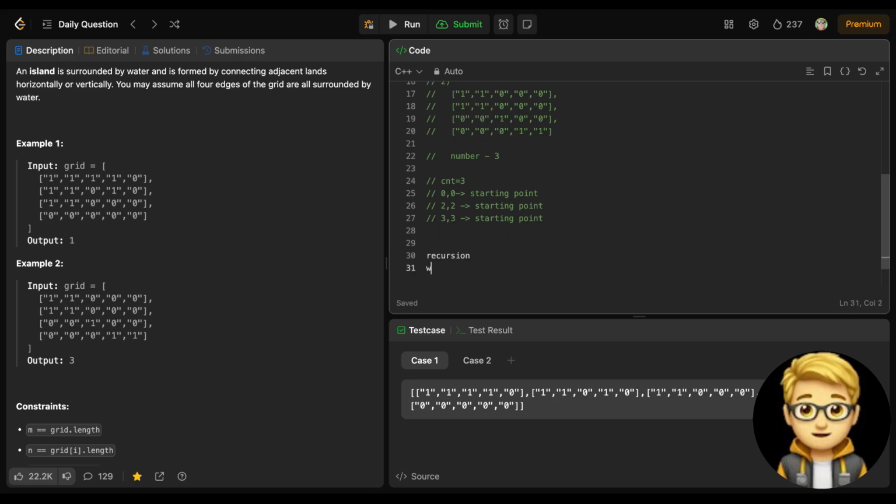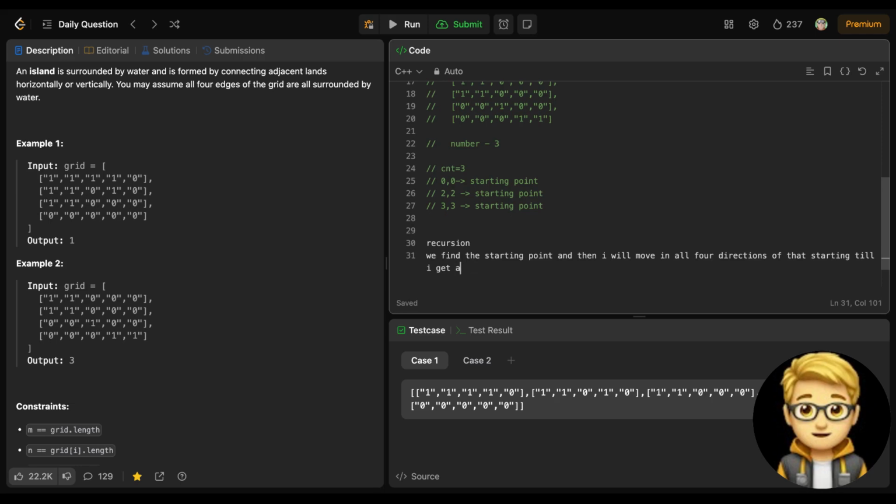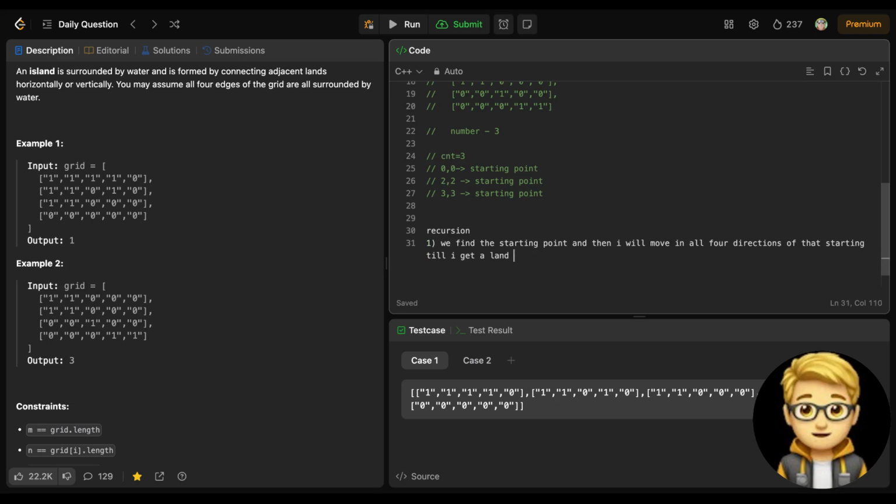We find the starting point, and then I will move in all four directions of that starting point till I get land, right? And also I need to mark it visited, so that I will not take the same land again.